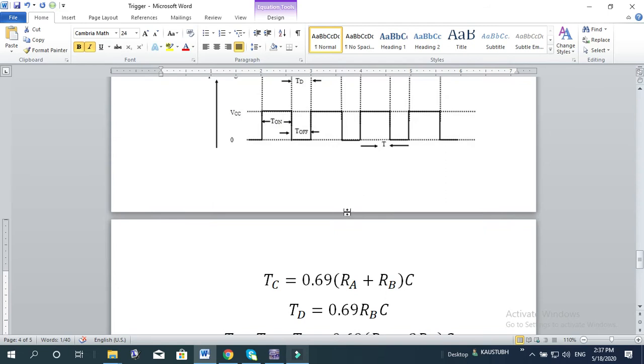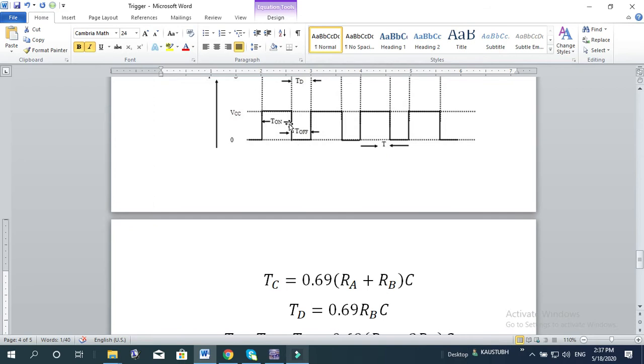Now since the output is a square wave, the important parameter here is the duty cycle. As you know, the duty cycle defines whether on time and off time are equal, or on time is greater than off time, or off time is greater than on time. If on time and off time are equal, that means it's a 50% duty cycle. If on time is greater than off time, it is more than 50%.